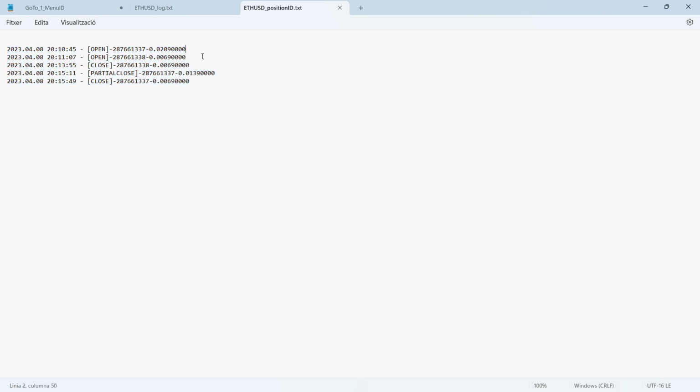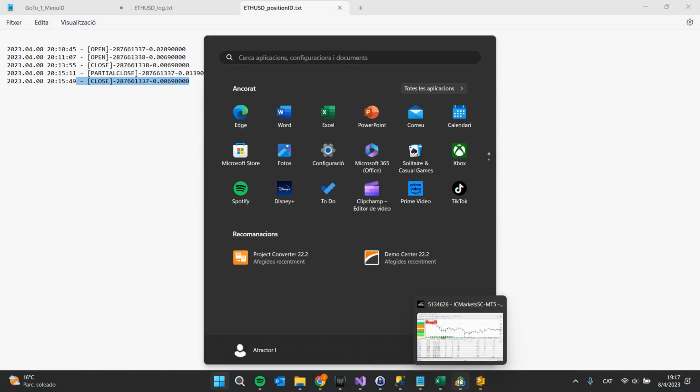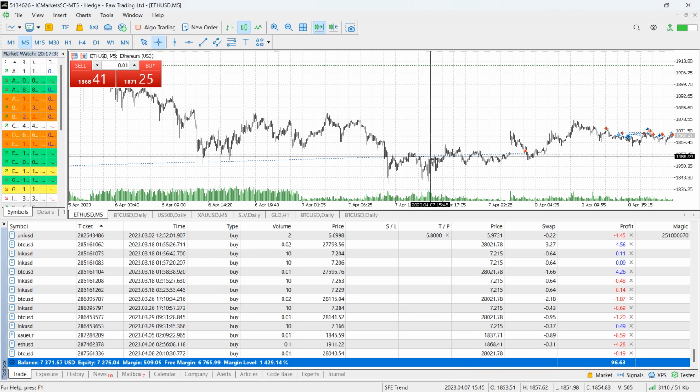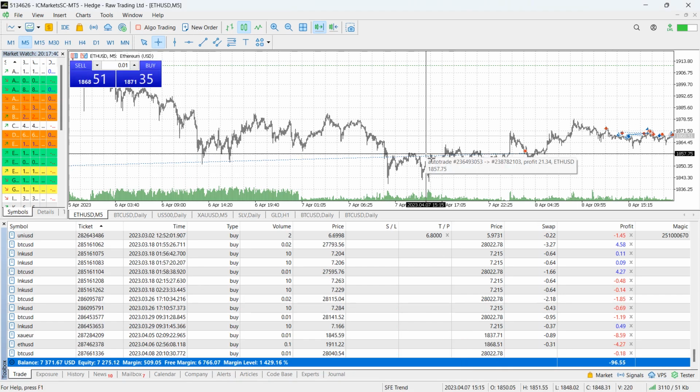We can see first open, second open, the first close of the second trade when it hit the stop loss, and the close of the first trade, in a partial close first and finally closing the rest of the amount. So that's all. This is how the expert advisor works.